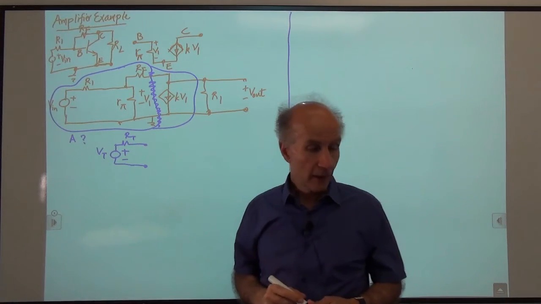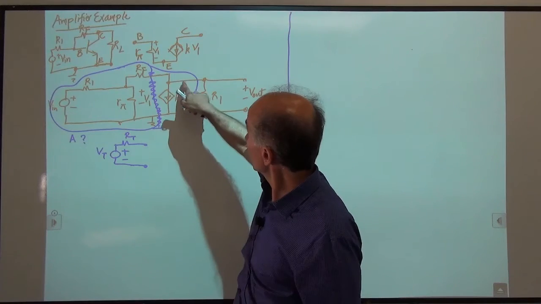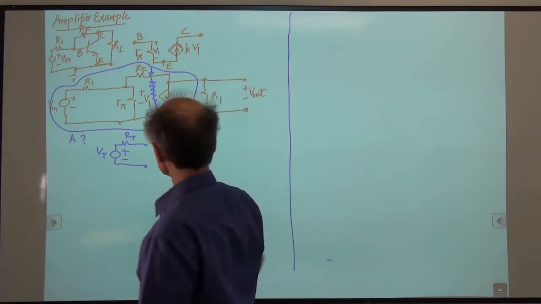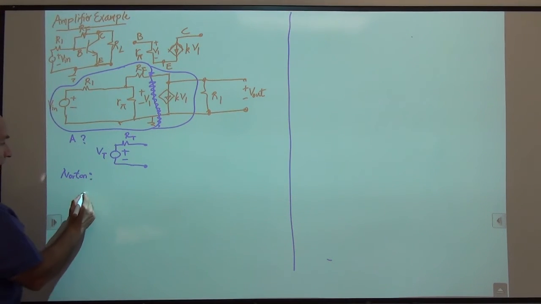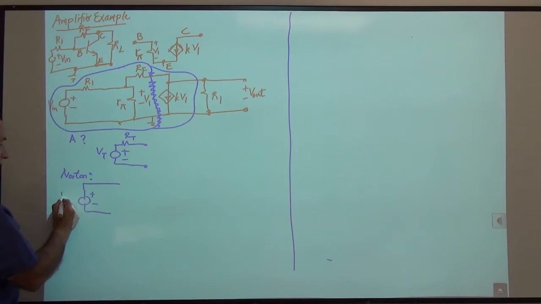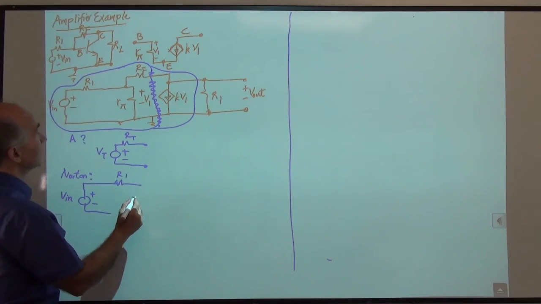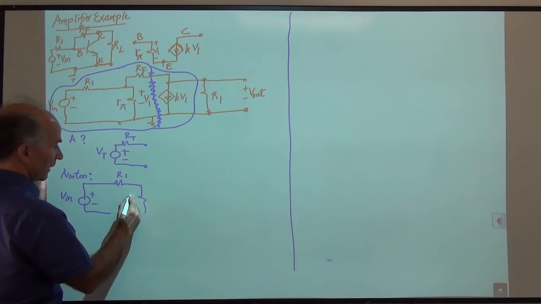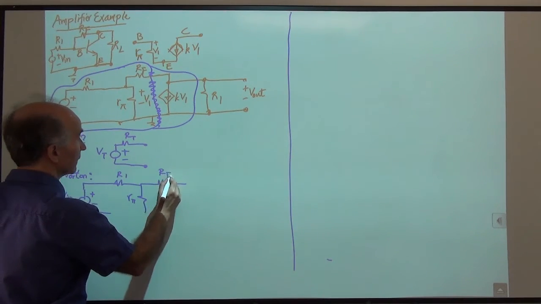So we're going to go ahead and try to create a Norton equivalent by shorting this part. So we say Norton equivalent, and we have V in, R1, R pi, RF.